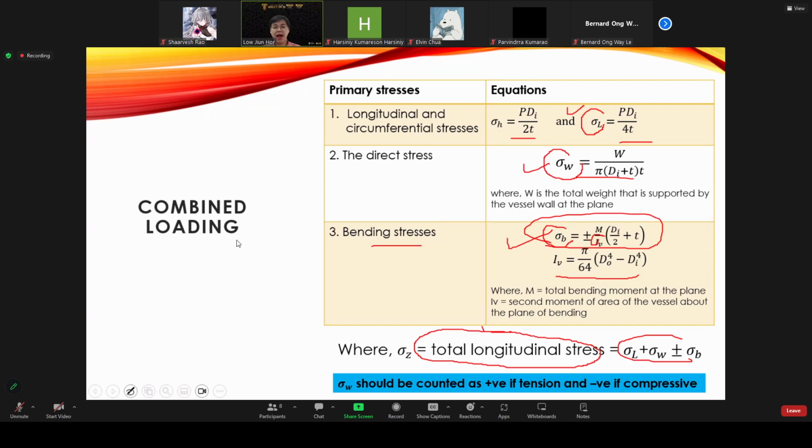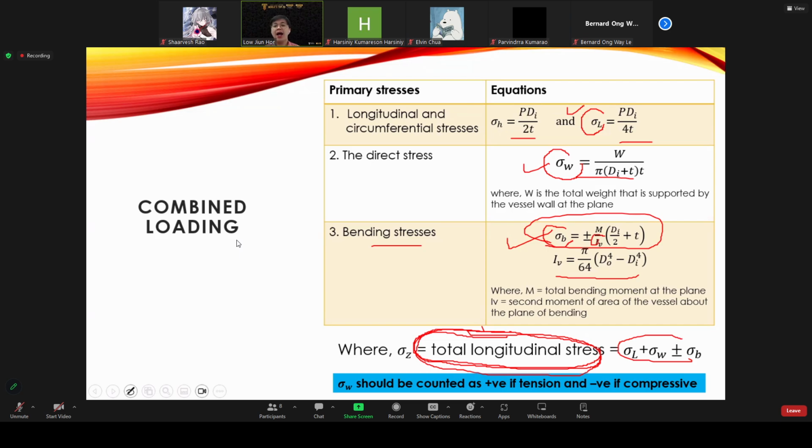And what is the function of our total longitudinal stress? I will try to explain by using the question tomorrow during our tutorial session. Actually, total longitudinal stress is one of the criteria that allow us to check whether the design of our tower is actually stable or not.